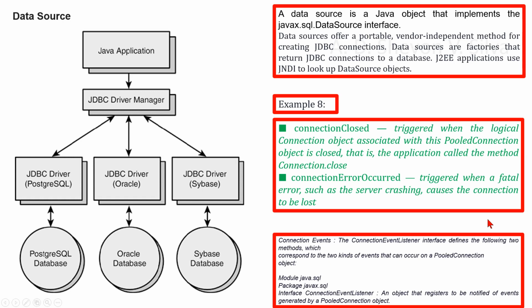When an error occurs, the JDBC driver notifies the listener by calling its connectionErrorOccurred method and then throws an SQLException object to the application to notify it of the error. In the event of a fatal error, the bad PooledConnection object is not returned to the pool. Instead, the connection pool manager calls the PooledConnection.close method on the PooledConnection object to close the physical connection.